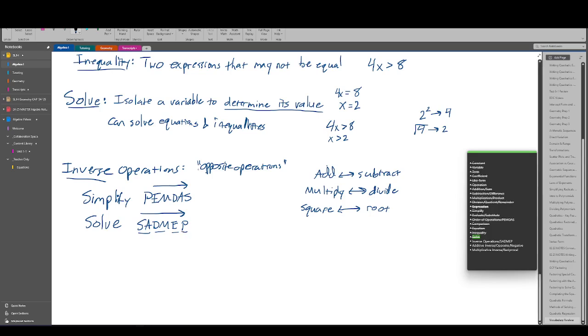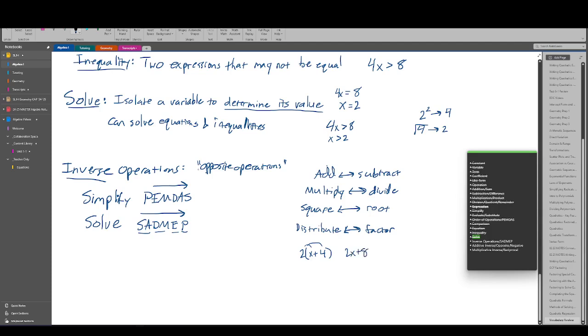And then parentheses, kind of the opposite is distributing or factoring. We'll talk a lot more about factoring later in the year, but that's basically saying that if I have 2 times x plus 4, and I distribute it, then I get 2x plus 8.